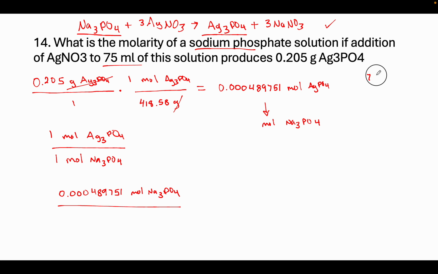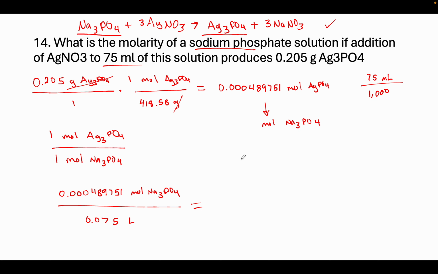So we're just going to convert that real quick to liters. You divide by 1,000. 75 divided by 1,000, that's how many liters we've got. There we go. 0.075 liters.